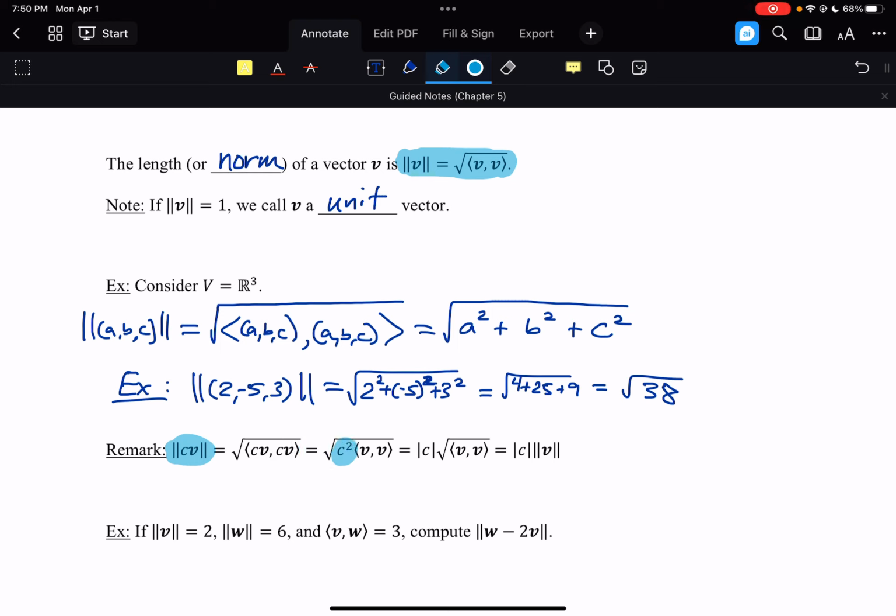But that would give us a c squared out in front here, which when you take the square root of that produces an absolute value of c, and then still the formula for the length of v. Okay, so the length of c times v just multiplies whatever the length was by the absolute value of c. So we can pull out constants like that. We just have to take their absolute value.